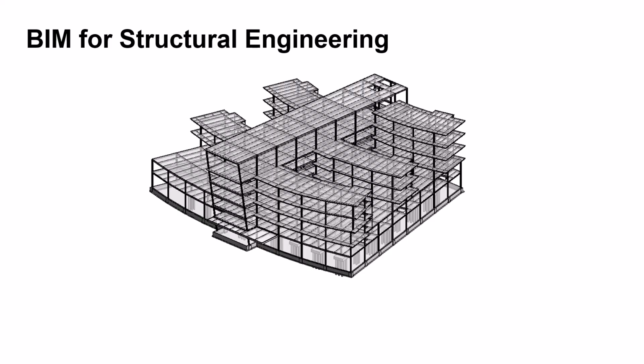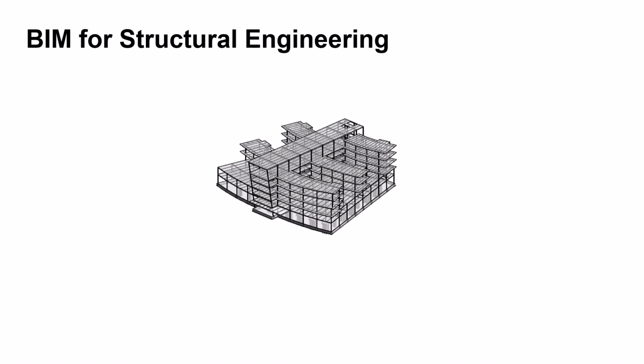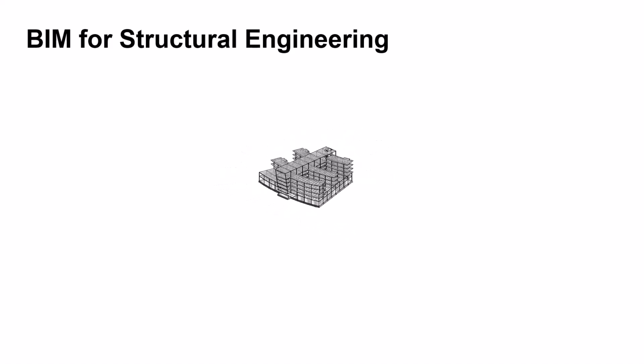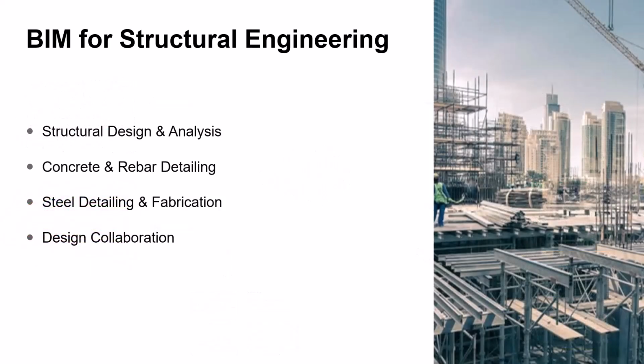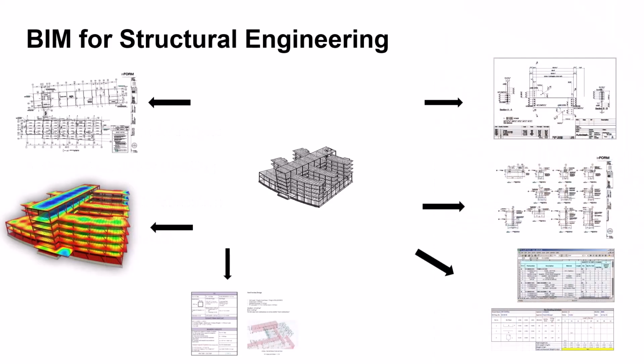But this is where BIM changes the game. Instead of working with disconnected 2D documents, we work with an intelligent 3D model that becomes the central hub for all information. So from this one model, we can generate all the same deliverables like drawings, schedules, analysis data, but with the benefit of full coordination.